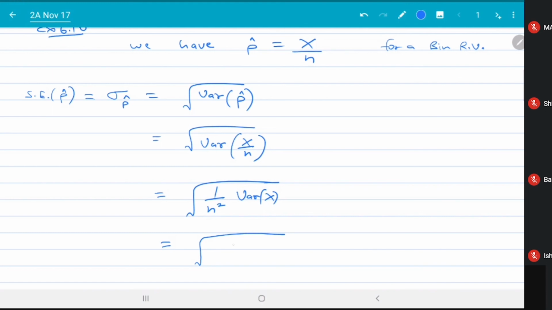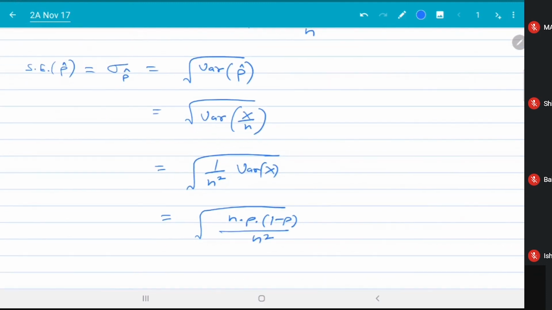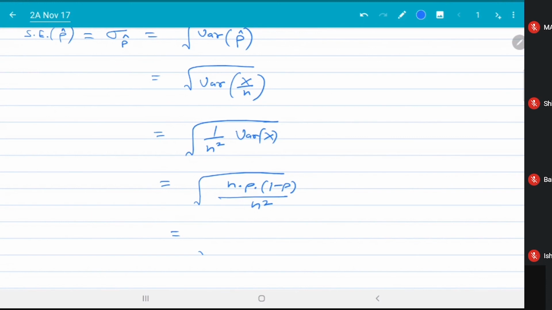The variance of the binomial random variable is n into p into 1 minus p. We have n square, so this becomes p into 1 minus p divided by n.